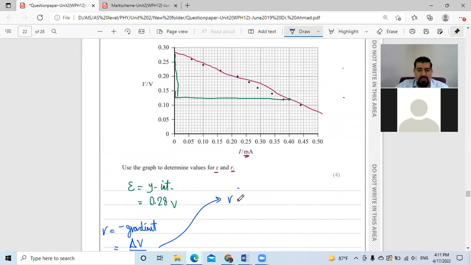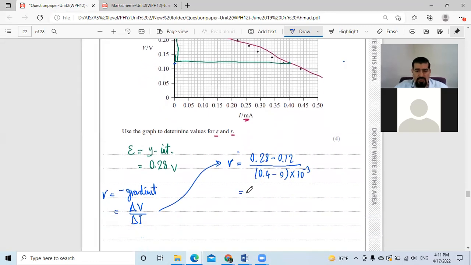So R equals, let's say, this point, 0.28 minus 0.12 over the value of the current, which is 0.4 minus 0, all multiplied by 10 to the power of -3 because it's in milliampere.